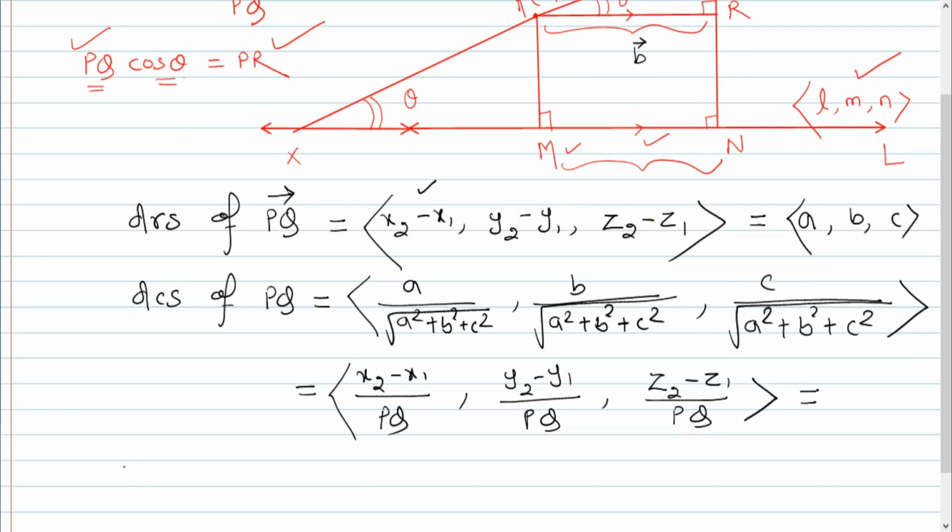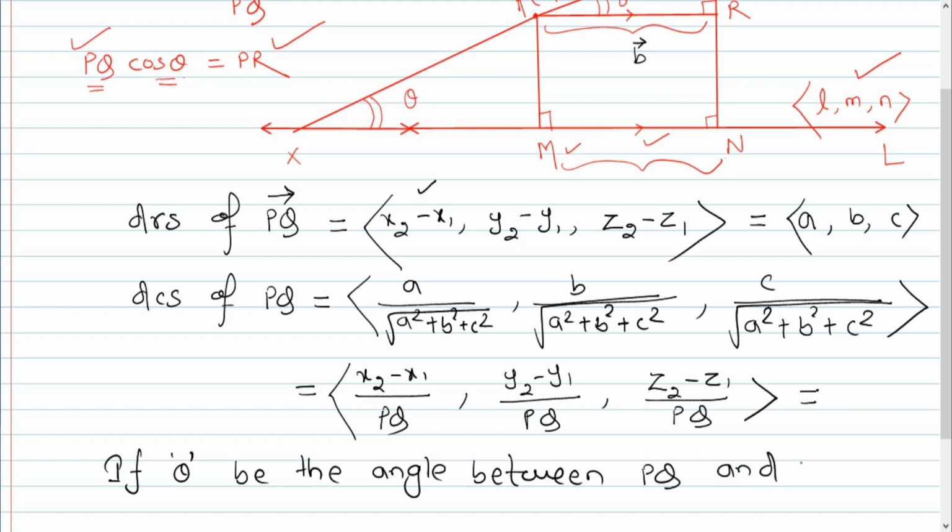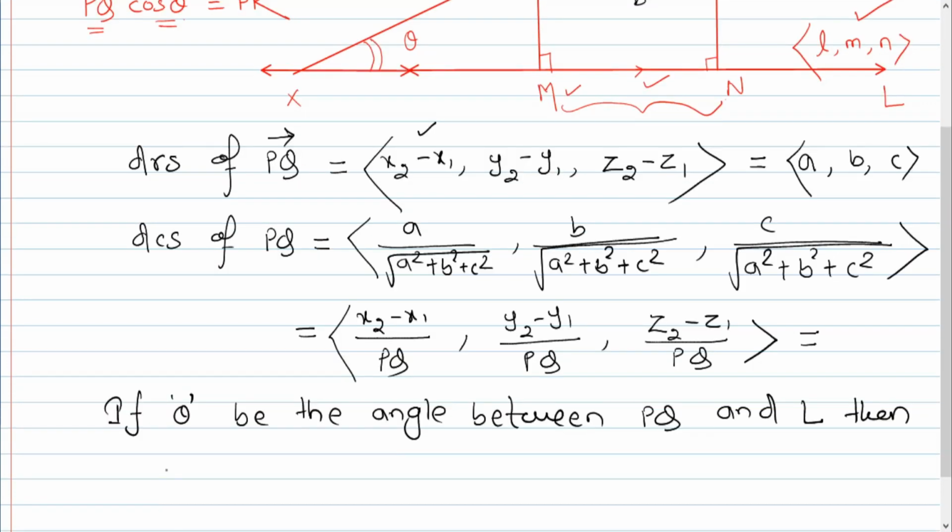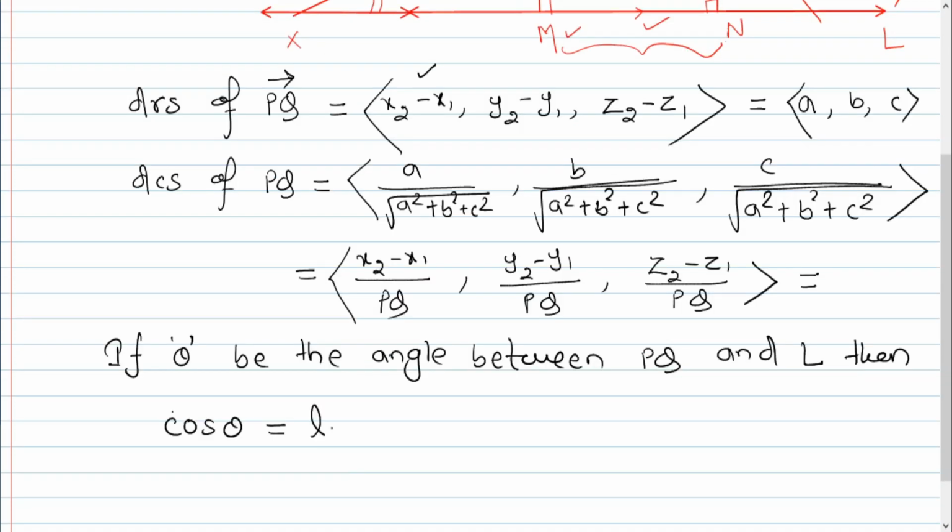Now we have to find cos theta. If theta be the angle between PQ and the line L, then cos theta is equal to, all of you know that, L1 L2 plus M1 M2 plus N1 N2.